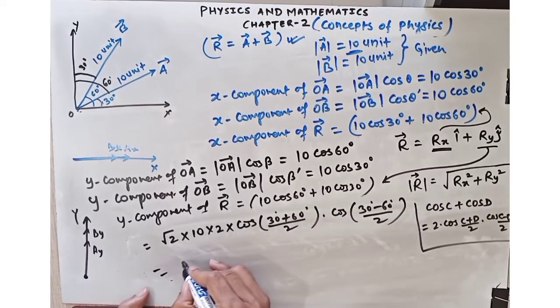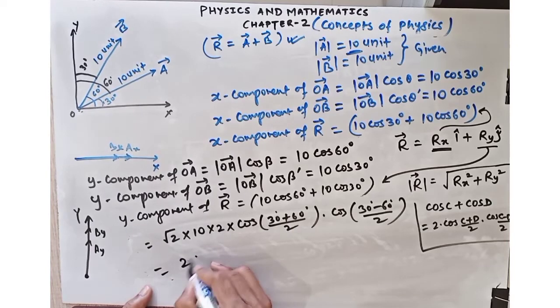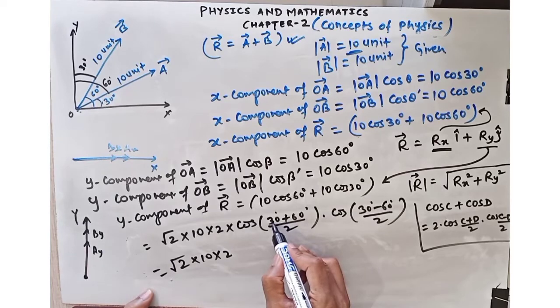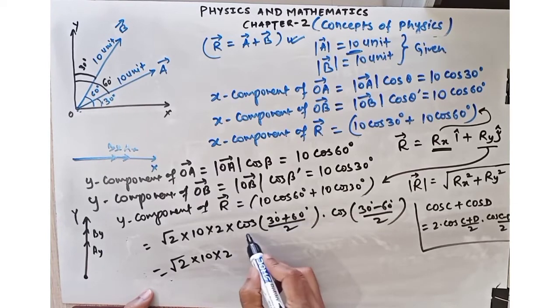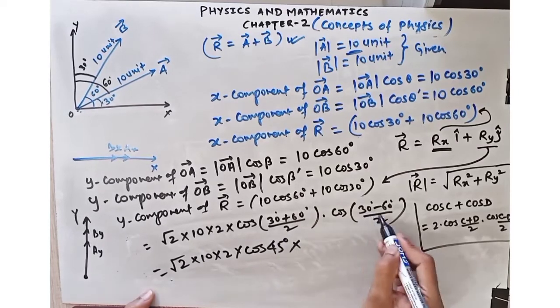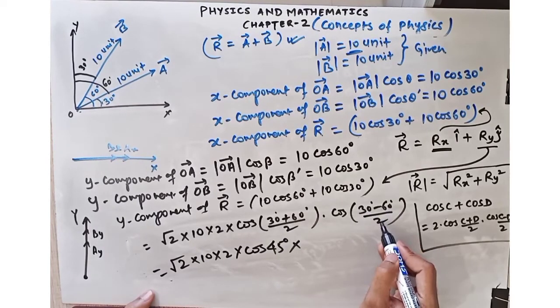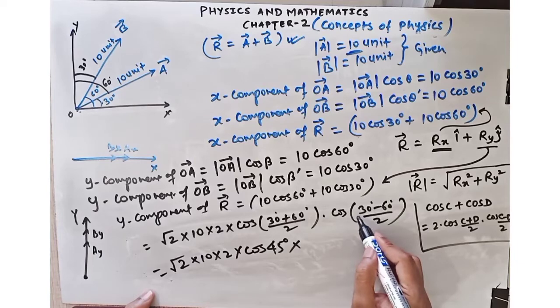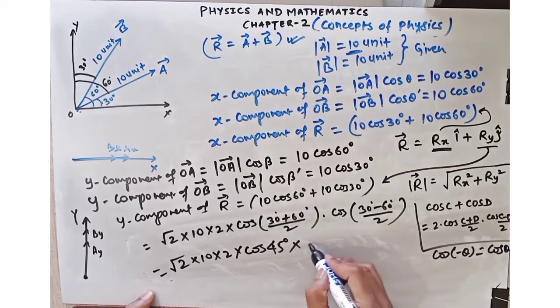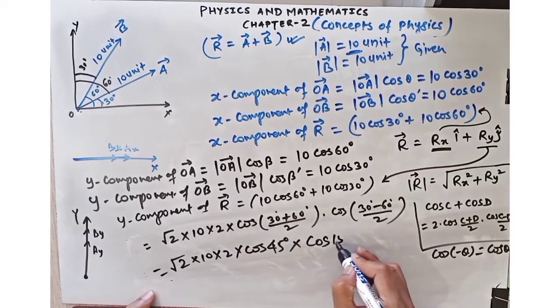It will come as 2 under root 2 into 10 into 2, and 30 plus 60, 90 upon 2, cos 45 degrees, into 30 minus 60 upon 2, minus 15, and cos of minus theta is cos theta. So I am writing it as cos of 15 degrees.